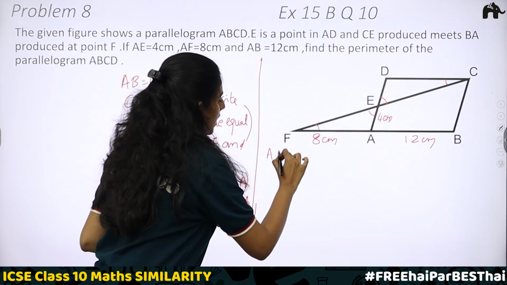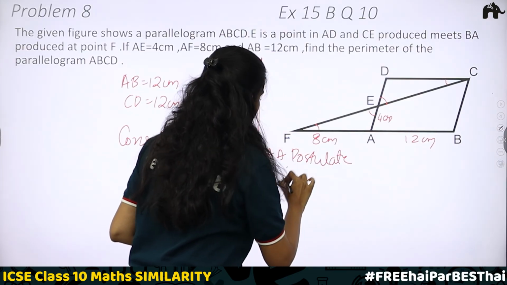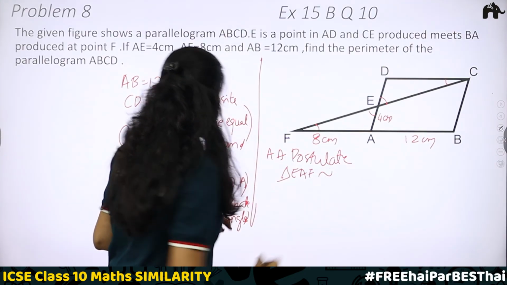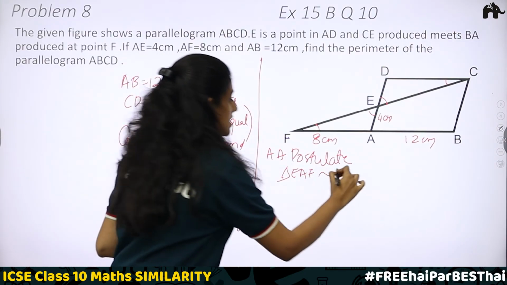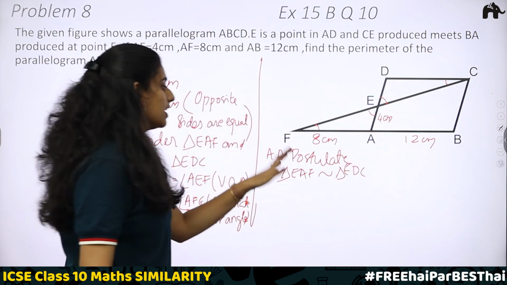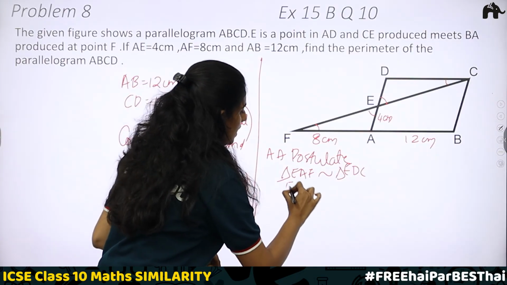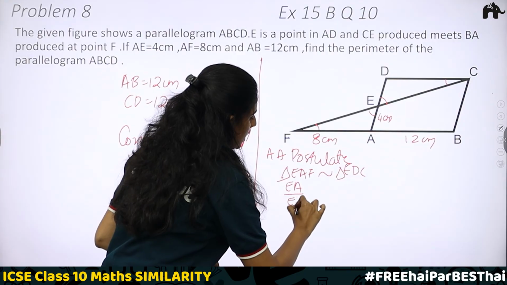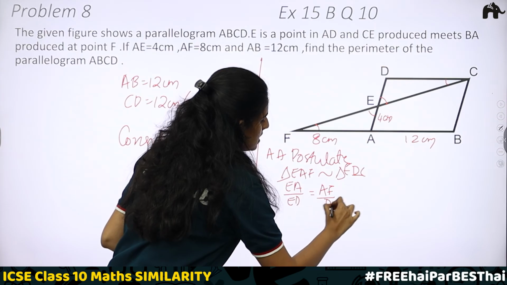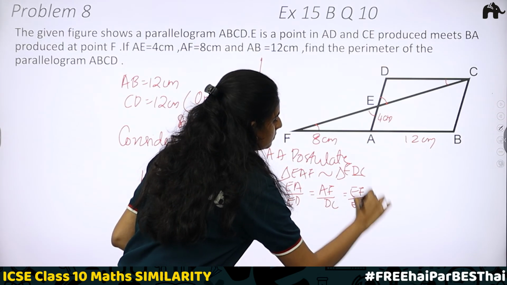So, using the AA postulate, we get triangle EAF similar to triangle EDC. Then the ratio of the corresponding sides will be equal. EA by ED is equal to AF divided by DC, which is equal to EF divided by EC.